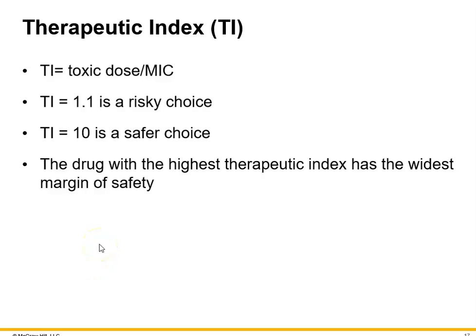All right, so given this information, we want to look at how safe is the drug to use. One measure of a drug's general safety is what's called its therapeutic index. This is the ratio of the maximum amount of drug that's tolerated by the body.